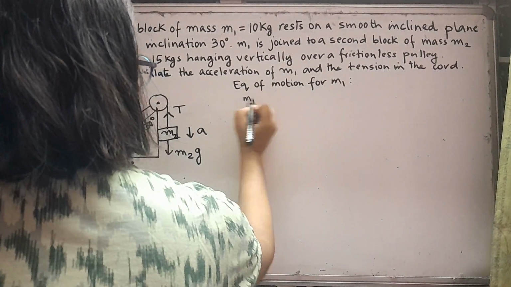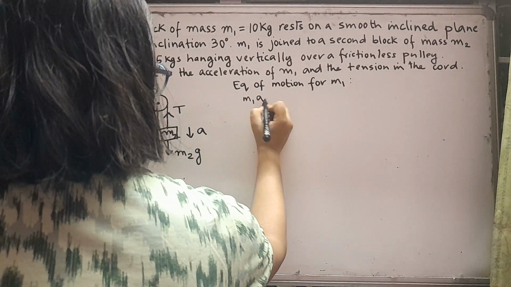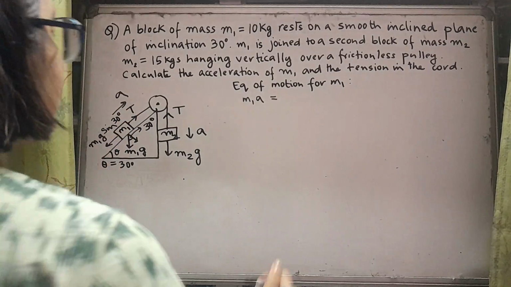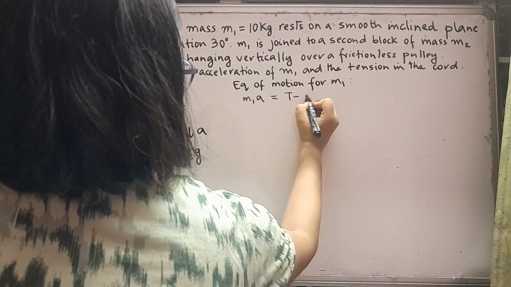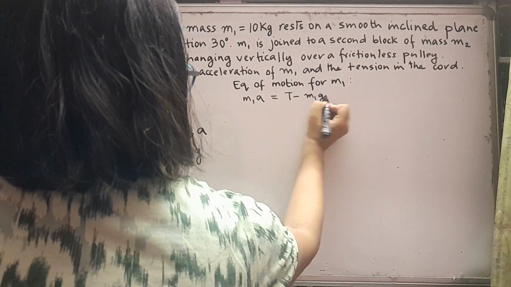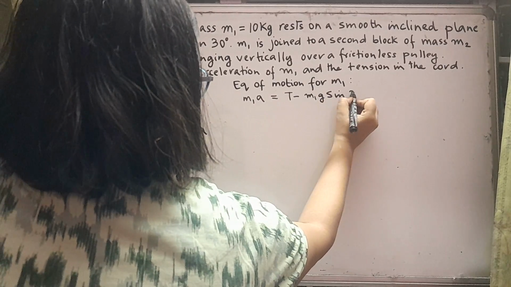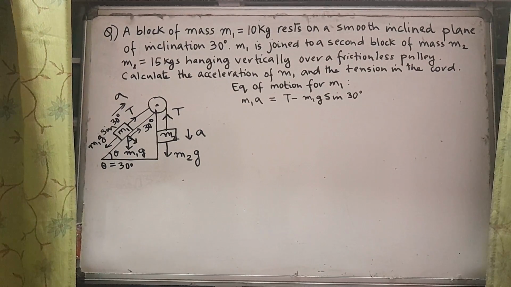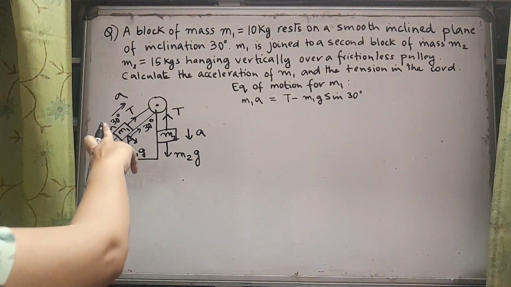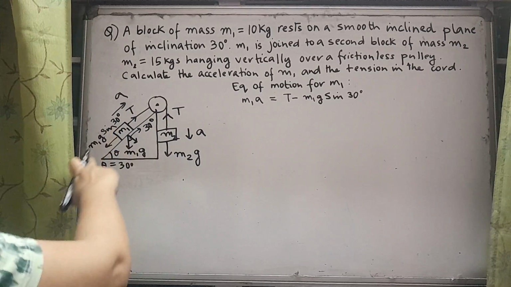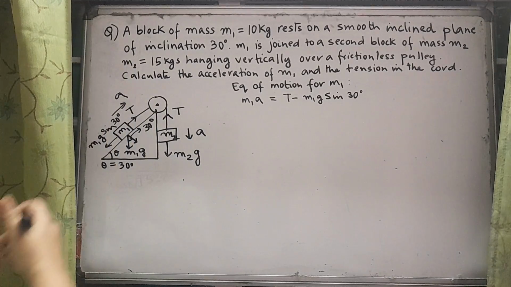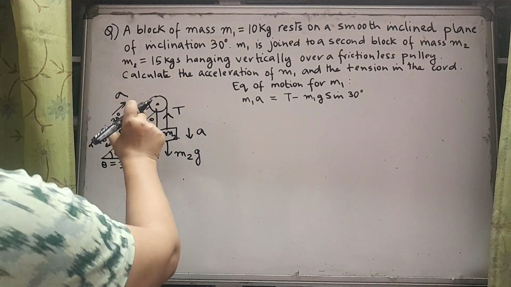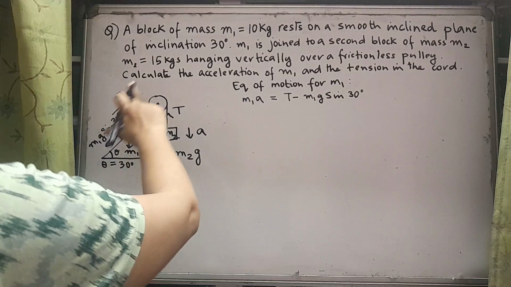The force in this direction is m1 into a, and that is caused by T minus m1g sine 30. Since the T acts in this direction and m1g sine 30 acts in the opposite direction, we subtract, and that net is acting along this direction, m1a.